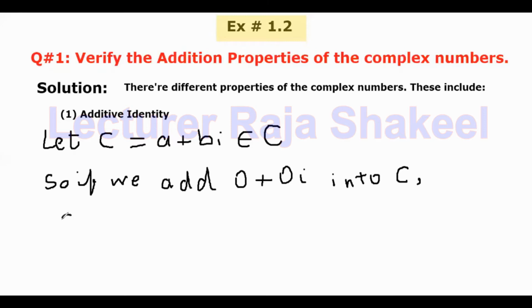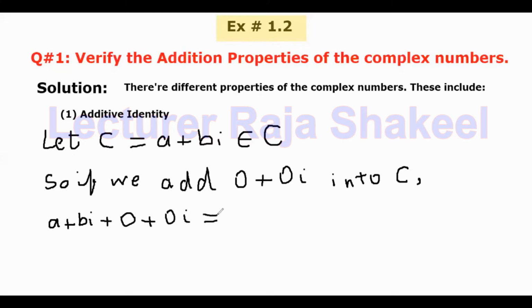We add 0 plus 0 iota into A plus B iota, so A plus B iota plus 0 plus 0 iota.